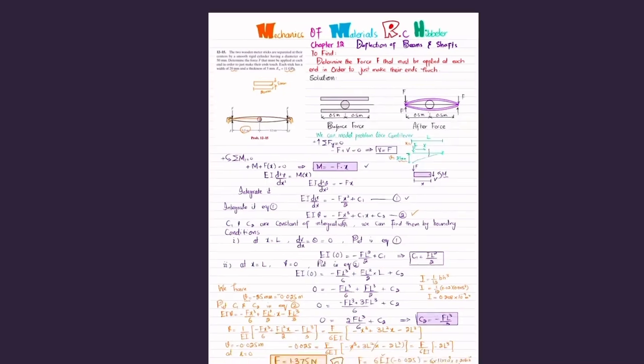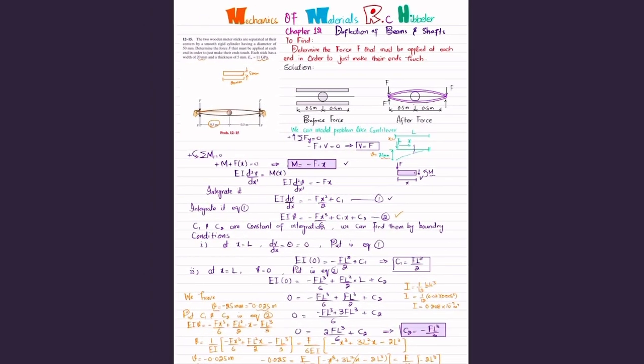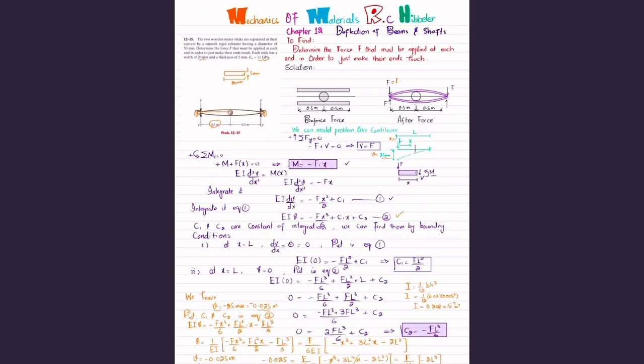So it means that when you apply a force of 1.375 Newton here, here, here, and here, these two wooden sticks will meet at this point with no deflection, or it will just meet at this end. And that was all about this problem 12-15.